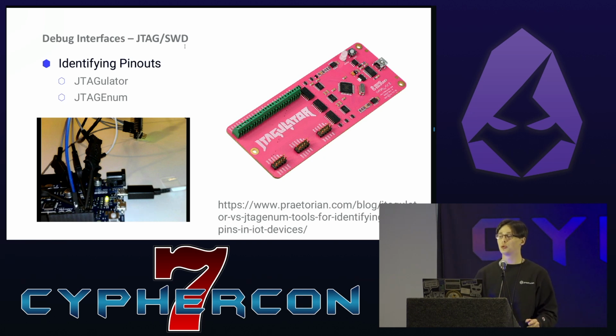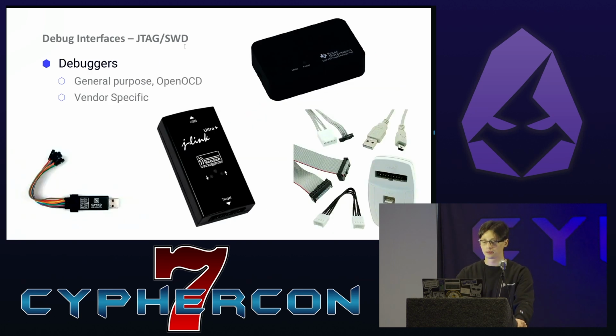The idea with both of these tools is you take all of the test pads that you think might be JTAG, plug them into the JTAGulator or JTAGenum, and it will go through and try to brute force and figure out what pins are mapped where, and it'll spit out the answers. It'll say, hey, the one you have into my IO17 pin, that's your clock pin, or that's TDI, TDO. So really, really helpful tool, can save a lot of time if you don't have labels or those schematics.